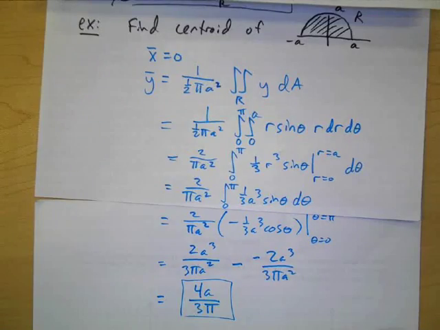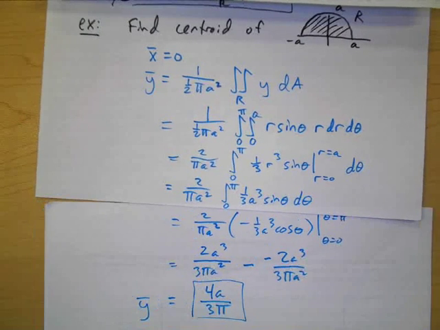So that would be the y-coordinate, and the x-coordinate was 0.